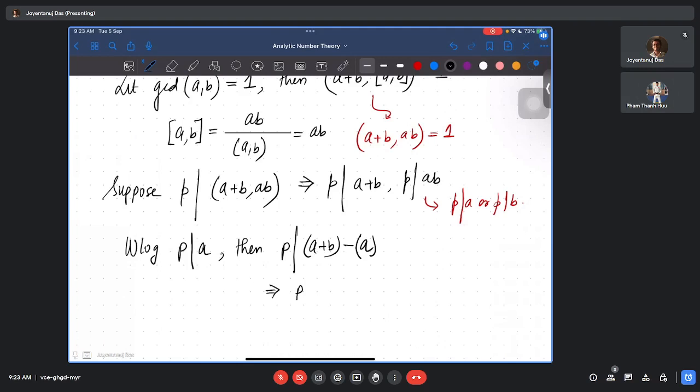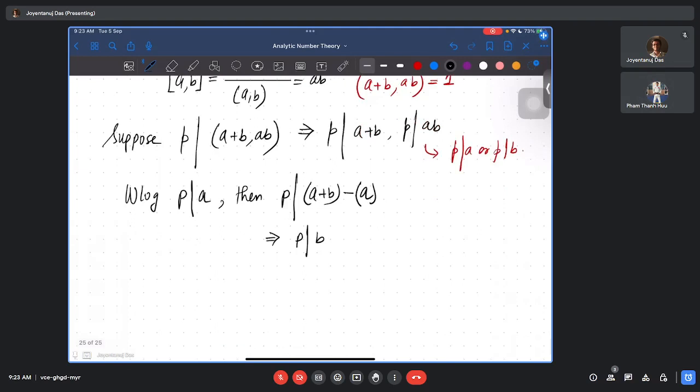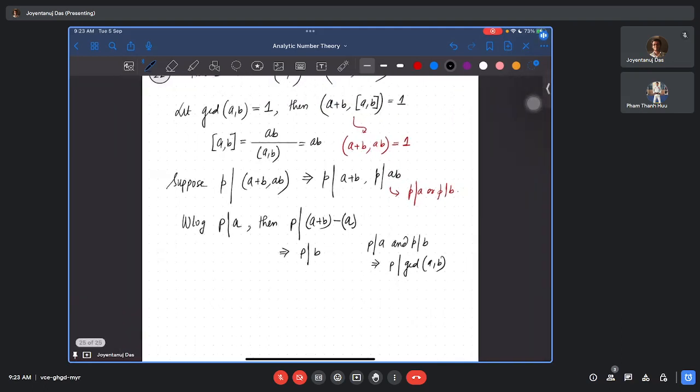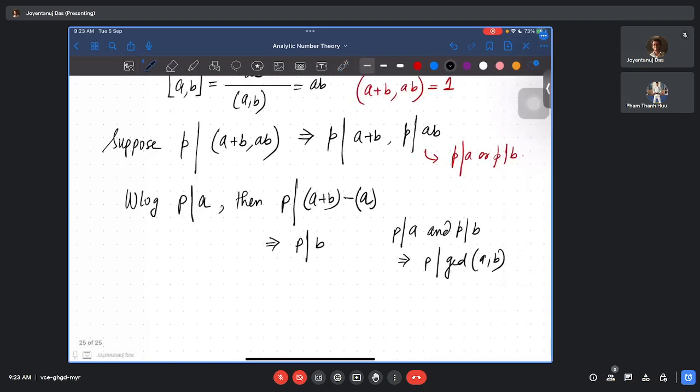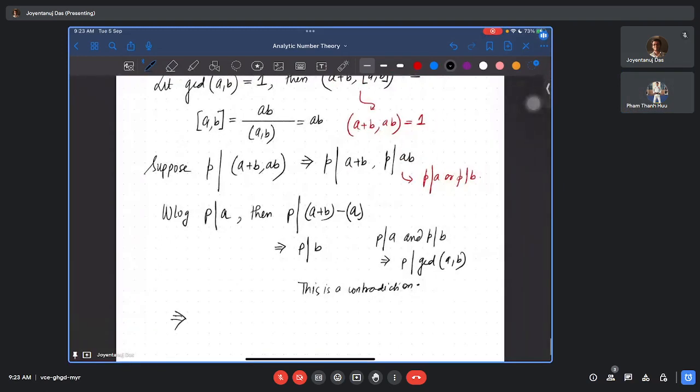So this implies that P divides B, because A plus B minus A is B. So P divides A and P divides B, which implies that P divides their GCD, that is, P is a common factor. But that is not possible because we started with GCD of A and B being 1. So this is a contradiction, which implies that the GCD of A plus B and AB has to be 1.